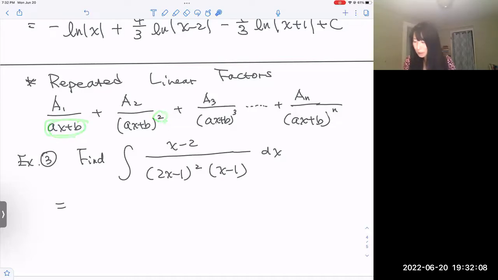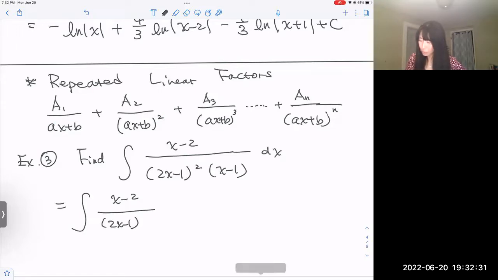So we're going to express it this way: x minus 2 over 2x minus 1 squared times x minus 1.